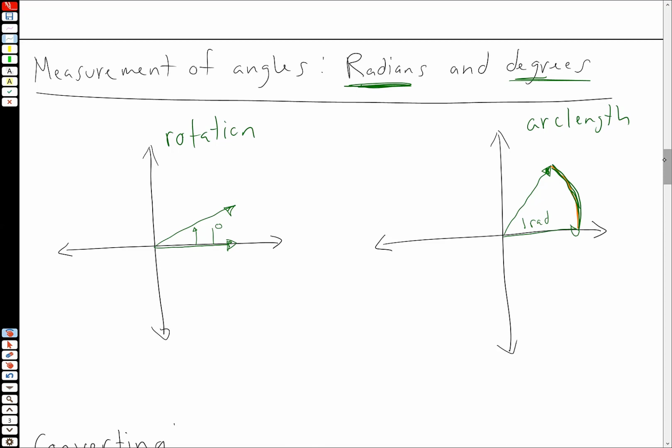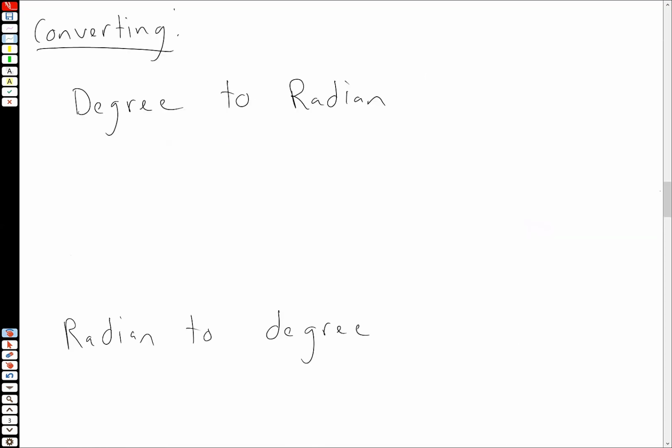And so it's important to know how to convert. Okay, so if you want to go from degrees to radians, you would multiply by pi over 180. So let's say we had 45 degrees, which we'll see in a second. If I want to convert that to radians, I would multiply by pi over 180.